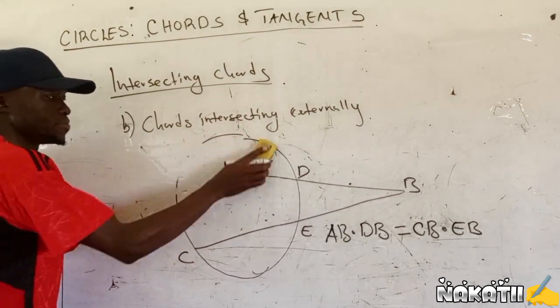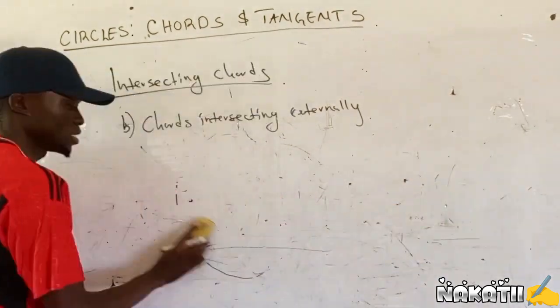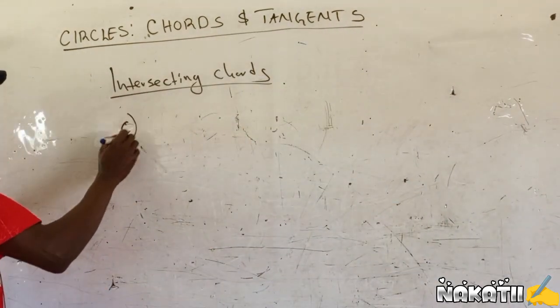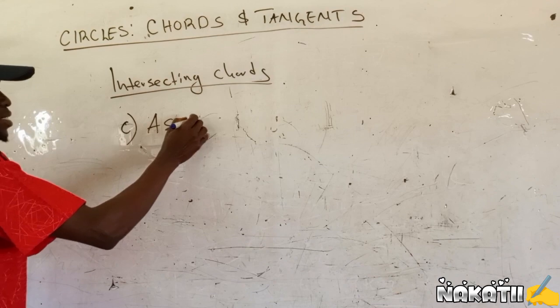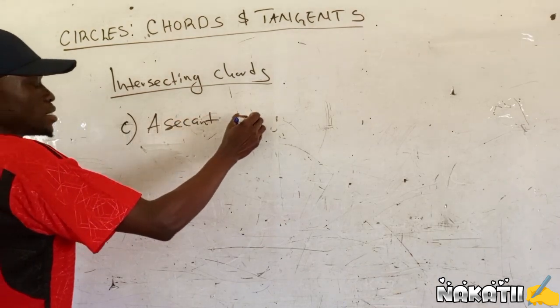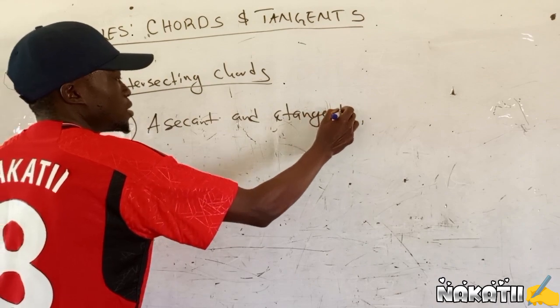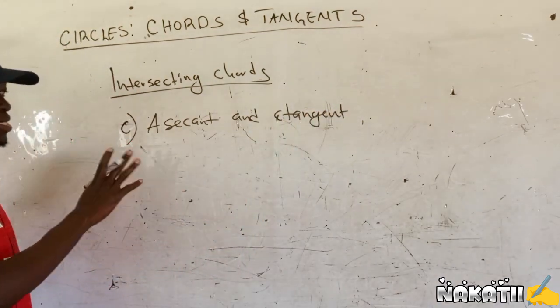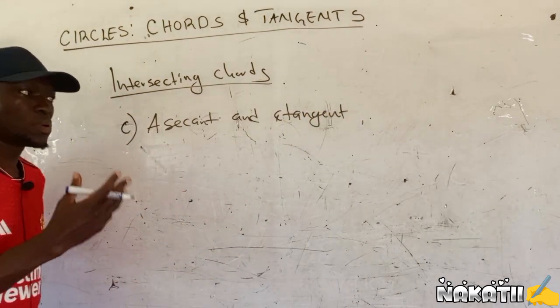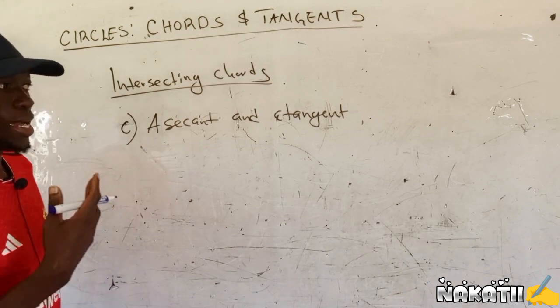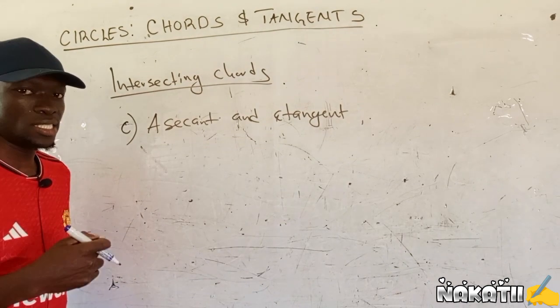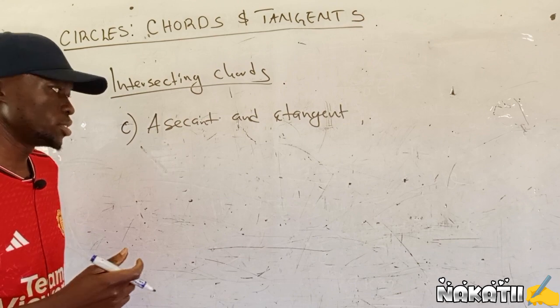Then finally, we have a secant and a tangent. A secant is a line that passes through a circle, and a tangent is a line that touches a circle at a point.